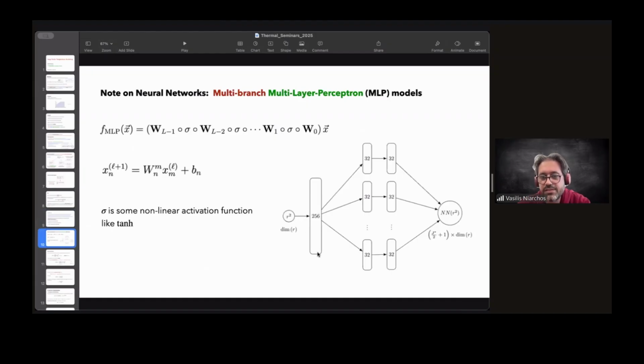The size is 256 in the particular applications we did. Then the network breaks up into different subnetworks. Each subnetwork is dedicated to modeling the function for its spin. That's the idea.